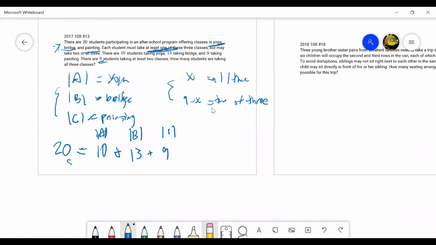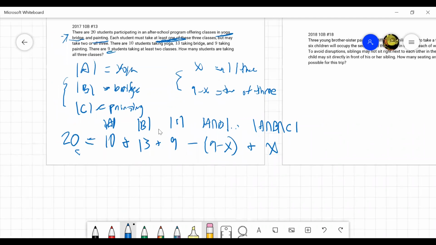Since we have that, we can plug it into the equation. This is going to be the intersection of two sets, and then plus x, which is the intersection of all three. Right? And so we have everything. So now all I can do is solve the equation.